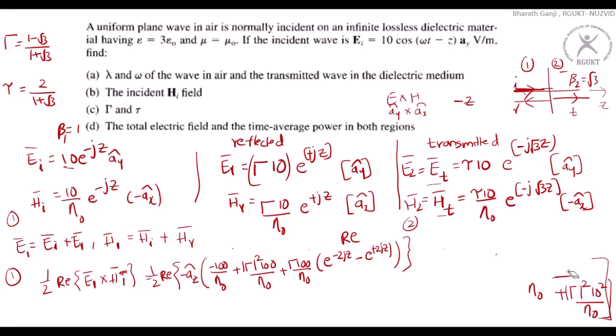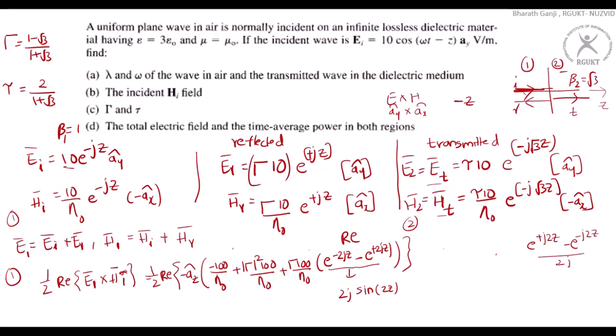If you look at this equation, this expression is nothing but 2j times sine 2z, because sine 2z can be written as e power plus j2z minus e power minus j2z divided by 2j.